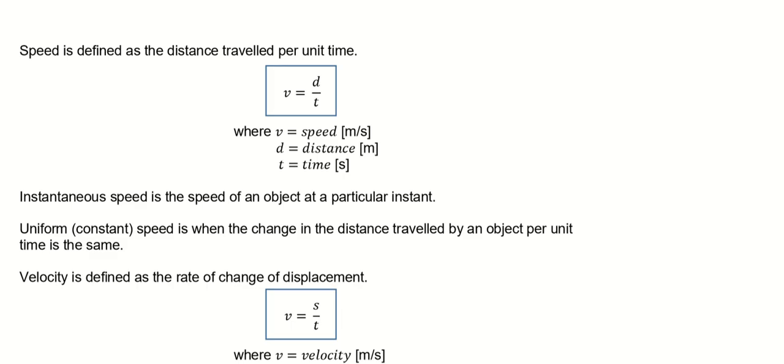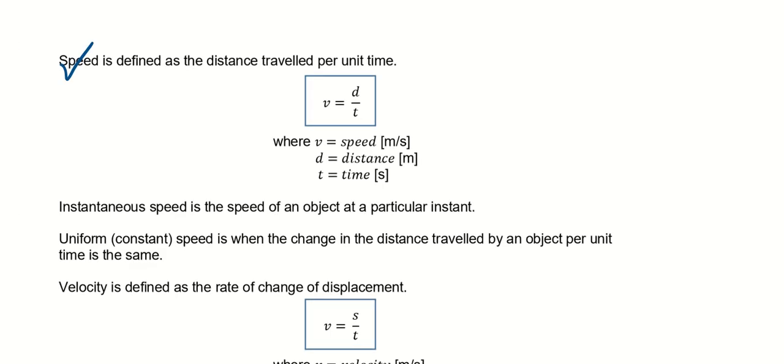Now speed is defined as the distance traveled per unit time. This is a formula and a definition that you need to memorize. V equals D over T. D is distance. What is the SI unit for distance? Meters.